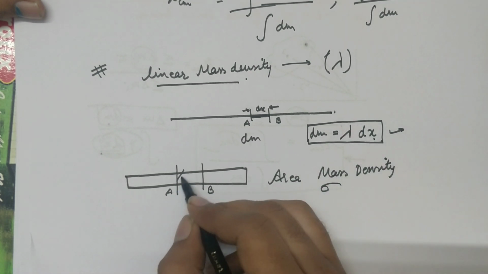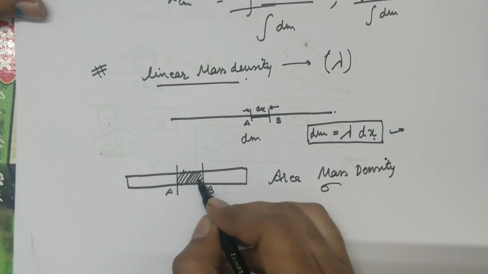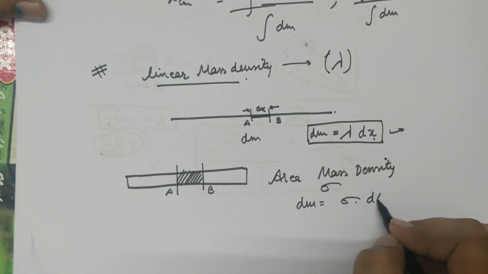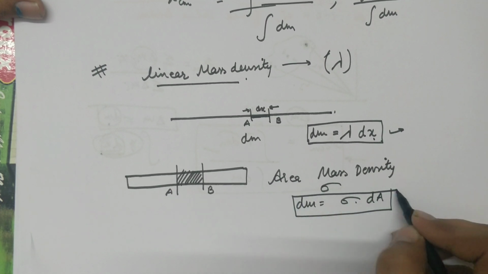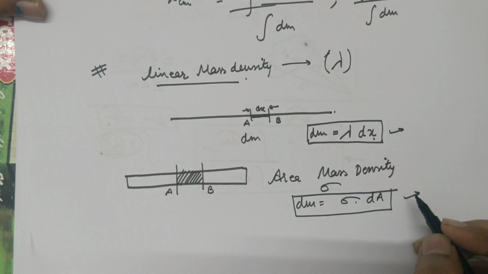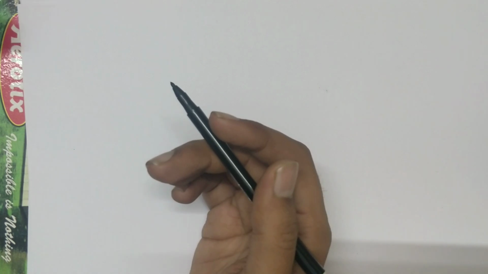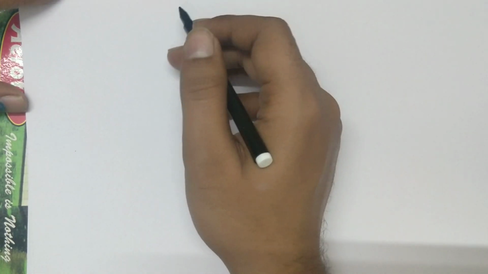If you want to calculate the mass of this portion, that will be sigma dA. And similarly, what we have read till now, volume mass density.